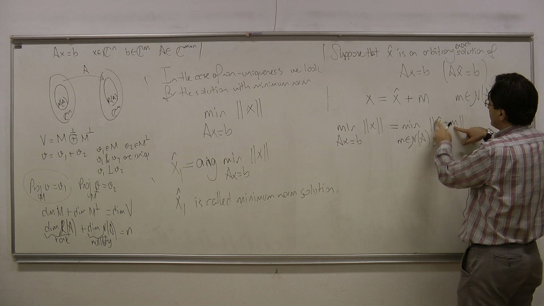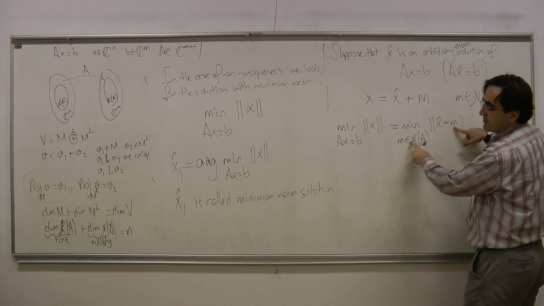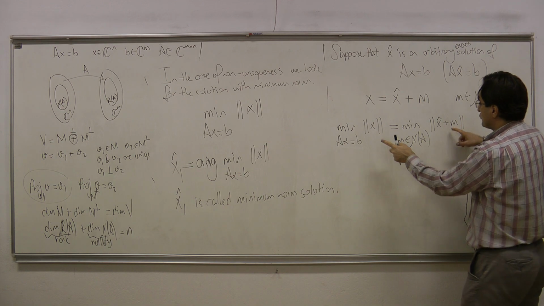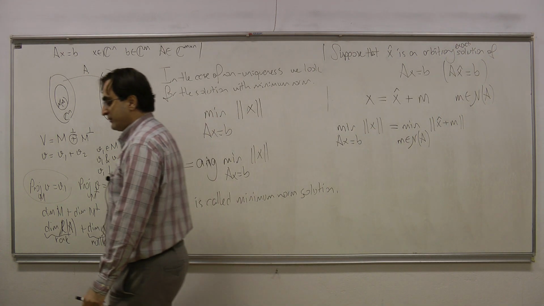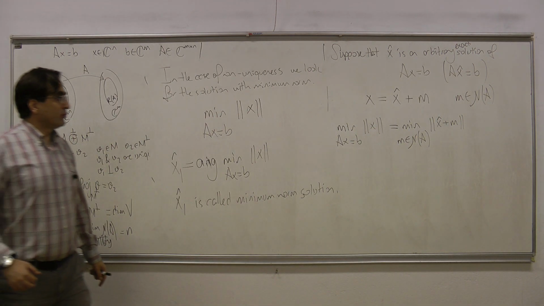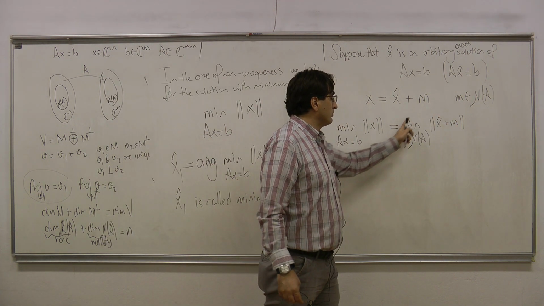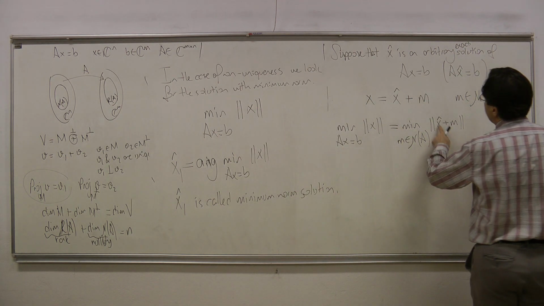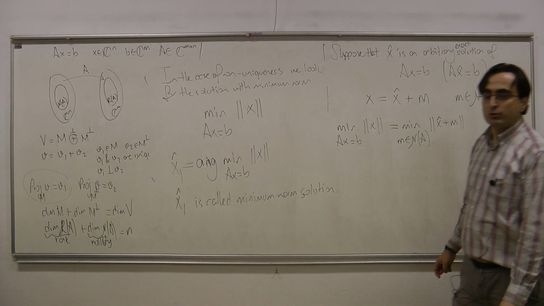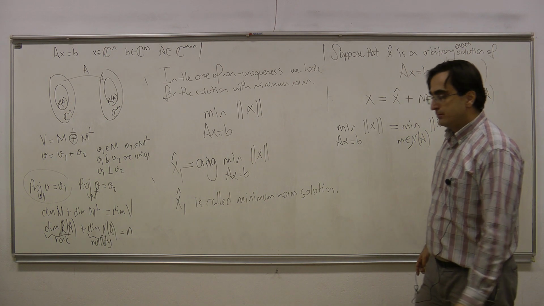Now instead of optimizing over x, I optimize over m. The solutions of these two optimization problems would be the same, where x hat is an arbitrary exact solution to this equation.